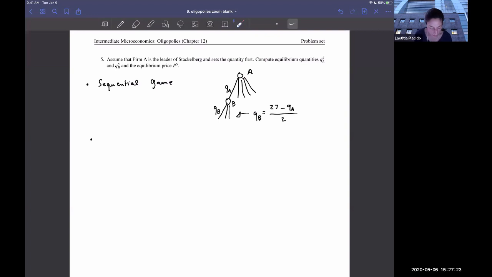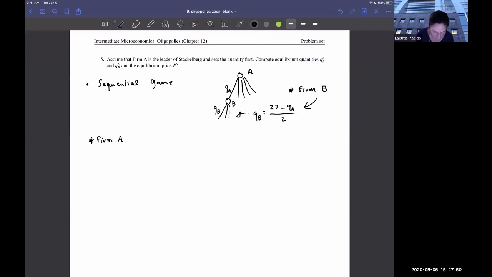Let me show you that. We have already solved the behavior for firm B, so we know that firm B is going to behave like that. Now let's move to firm A, the first stage of the game.